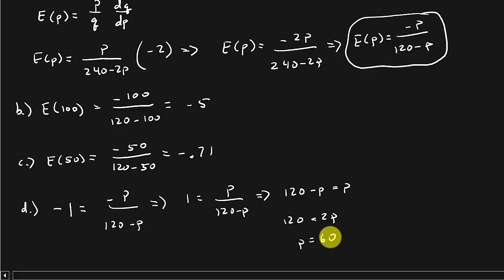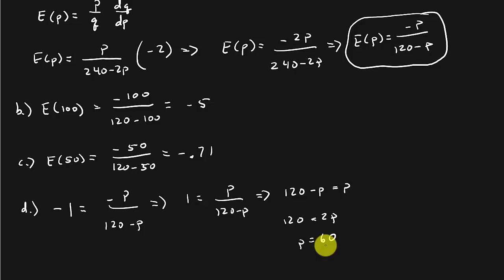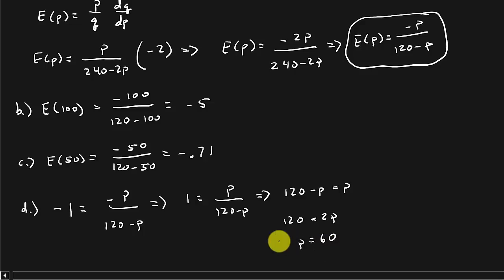So at the price of $60, a 1% increase in price will result in about a 1% decrease in demand. Okay? That's all that means.